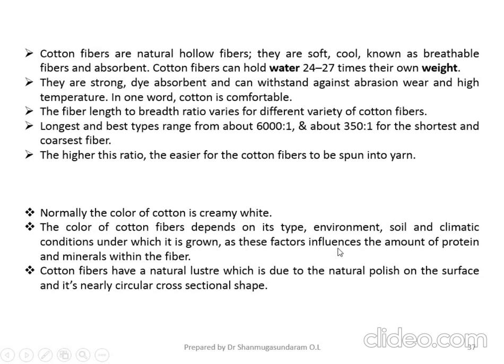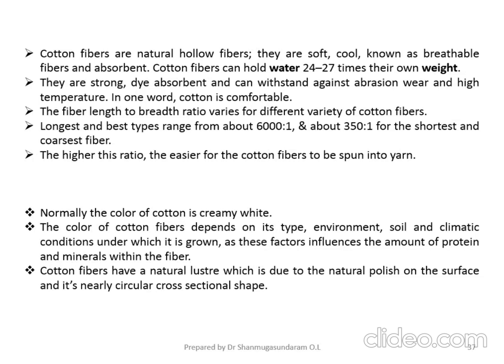These factors influence not only color, they also influence the amount of protein content and the mineral content present in the fiber. So cotton fiber contains so many protein matters. Similarly, it contains mineral matters.